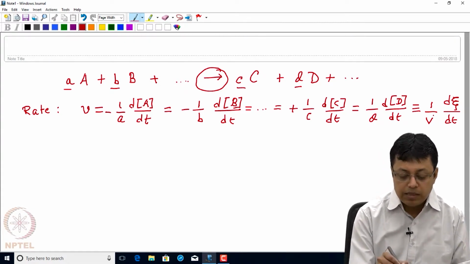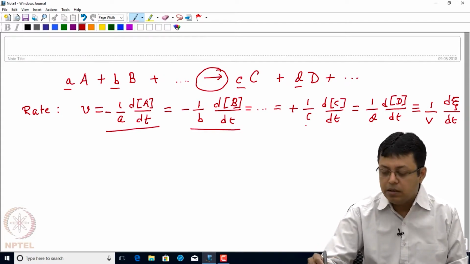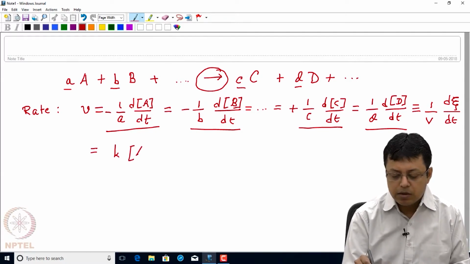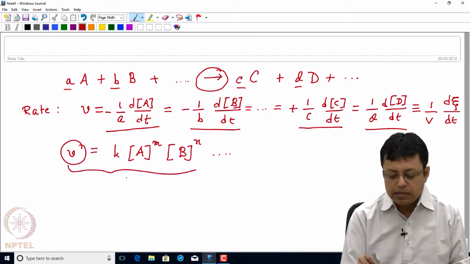Now if we find this rate, which can be expressed as either of these terms, like minus 1 over a, d[A]/dt or minus 1 over b, d[B]/dt, or in terms of the products, to be equal to some constant times the concentration of A raised to some power m, times the concentration of B raised to some power n, then this equation, which expresses the rate in terms of the concentrations, we call a rate law.